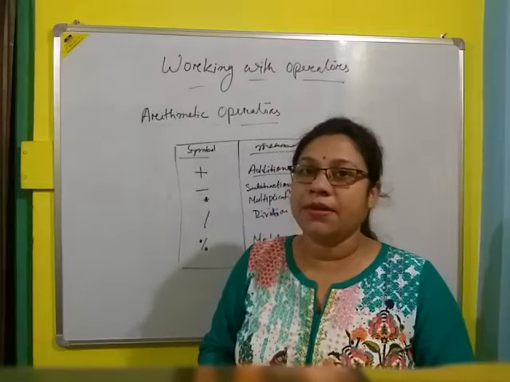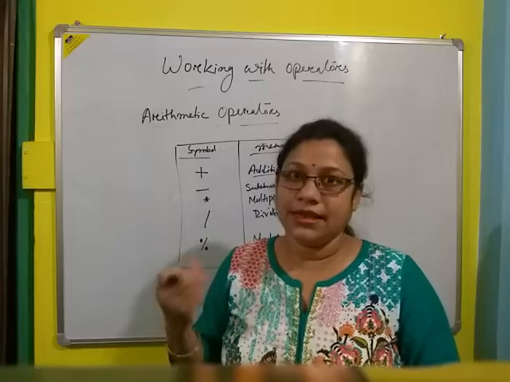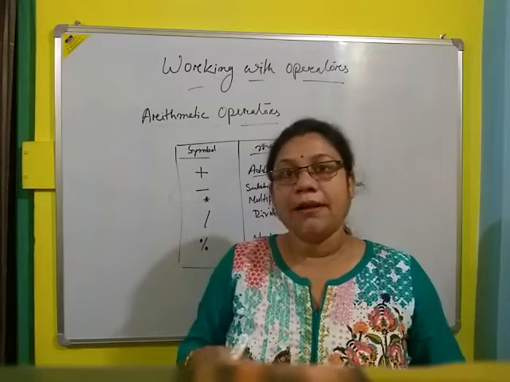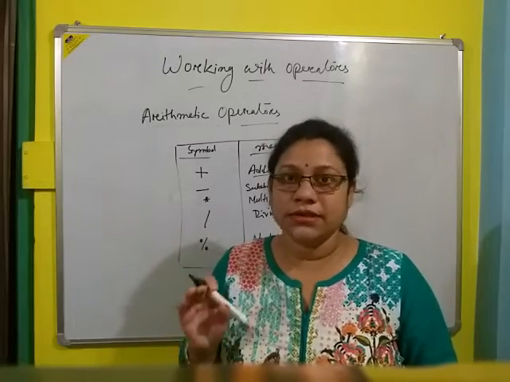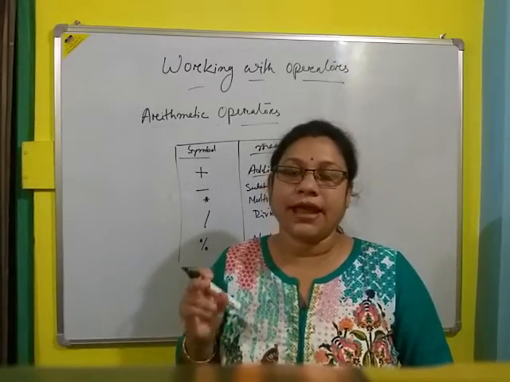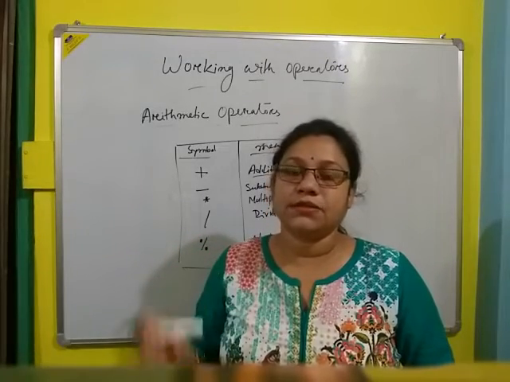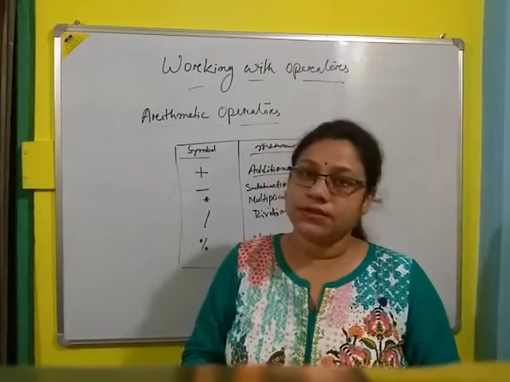All of you remember the use of the modulus operator, because you can confuse it with the percentage symbol. This is not the percentage symbol, this is the modulus operator, and it has a specific task. It displays the remainder of a division operation.